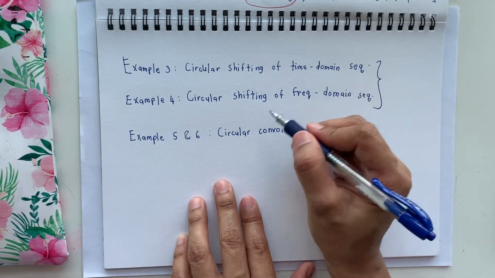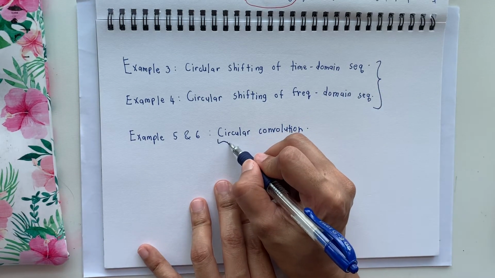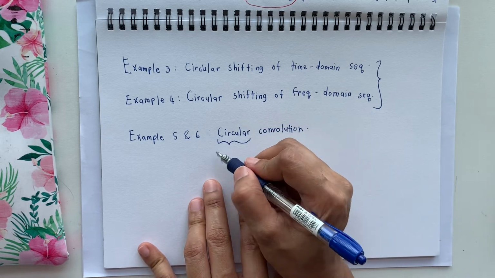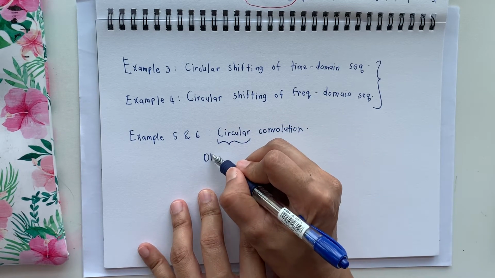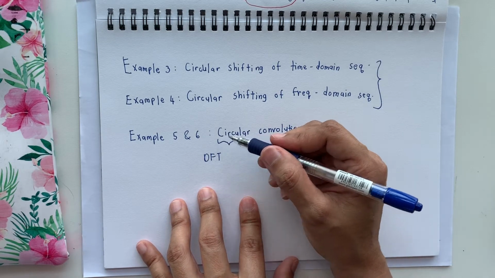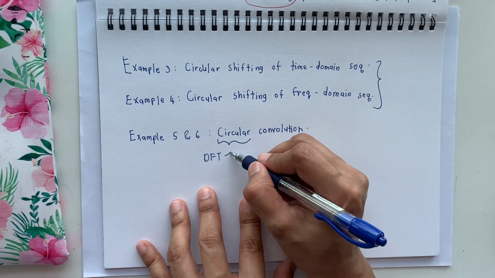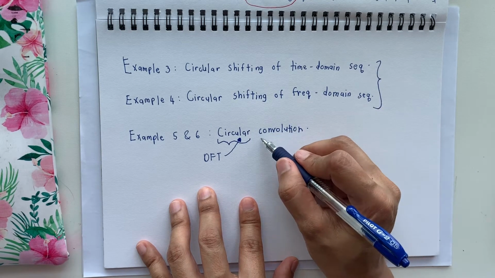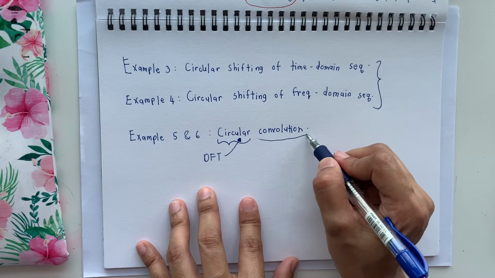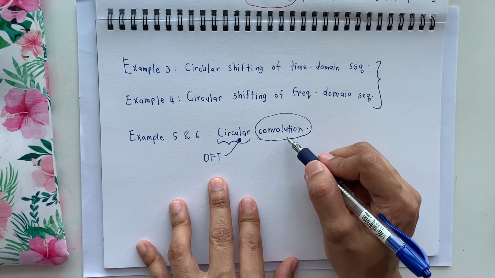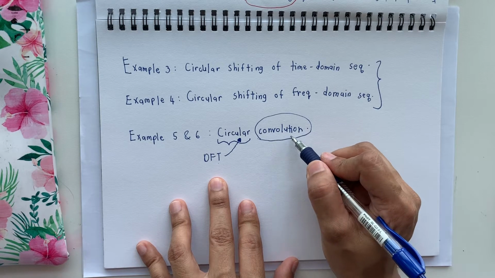Again, why do we have this word circular? For DFT you have to circulate the sequence, that's why we have the term circular. In DTFT we have convolution. Same goes to DFT, we still have some convolution.